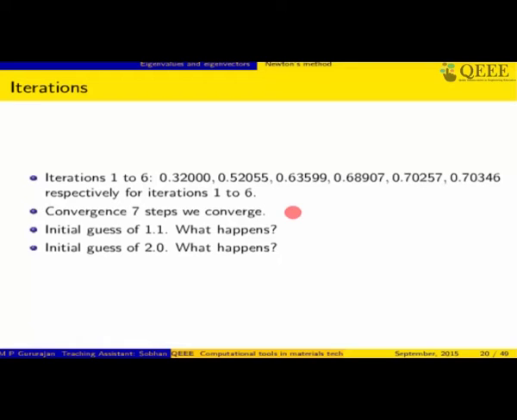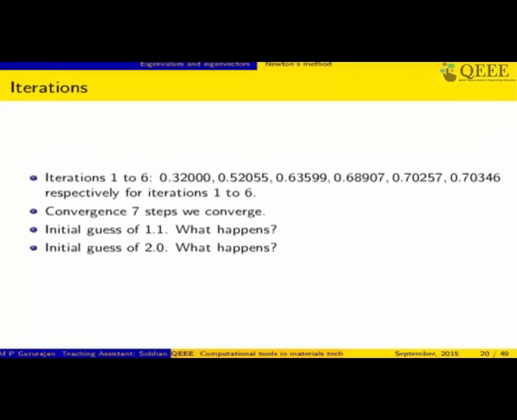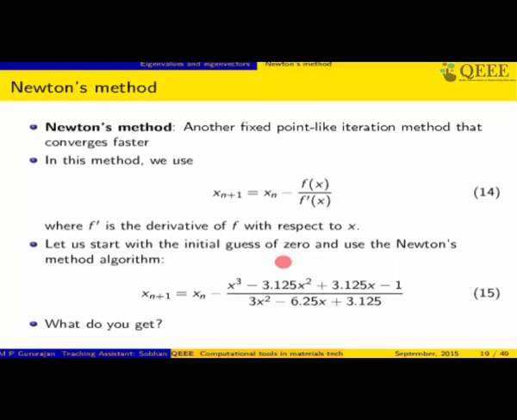Okay. So now let us take an initial guess of 1.1. I want you to tell me what is the x_{n+1} value you get. Iterate using this formula by taking the initial value of x as 1.1.